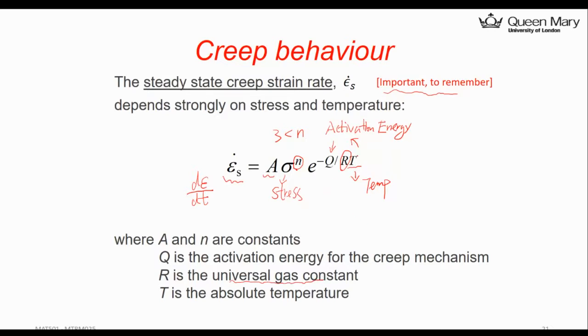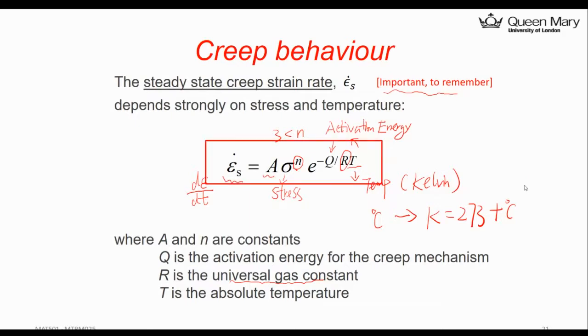So remember, temperature here, we are talking about in Kelvin scale. Whenever you have a Celsius, you need to change that to Kelvin, which is 273 plus the temperature in Celsius, okay?